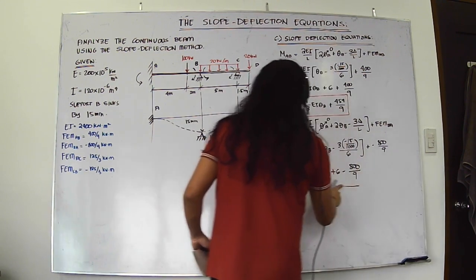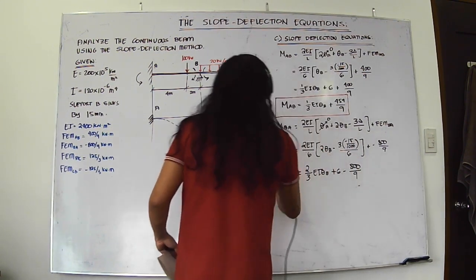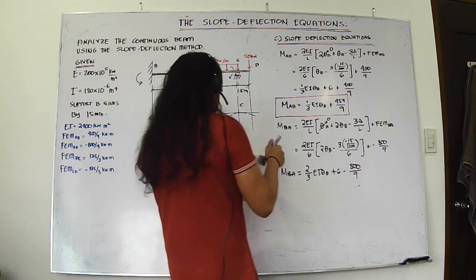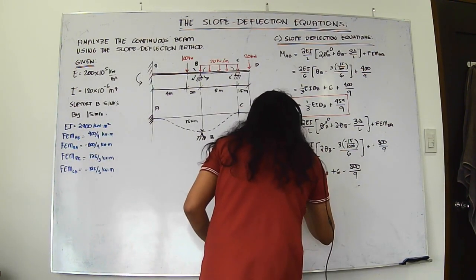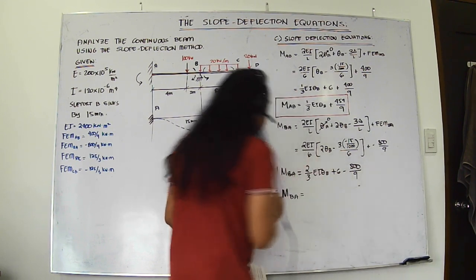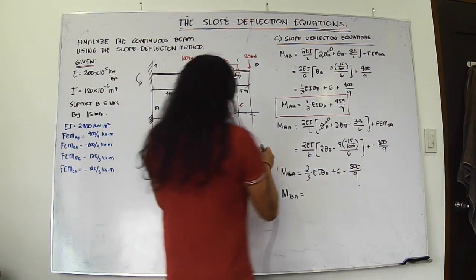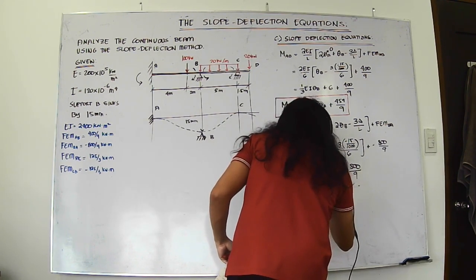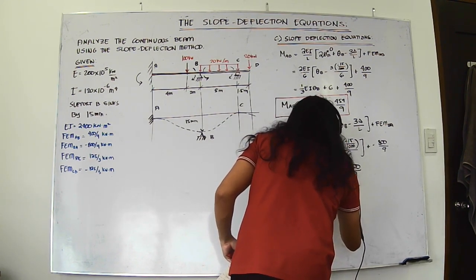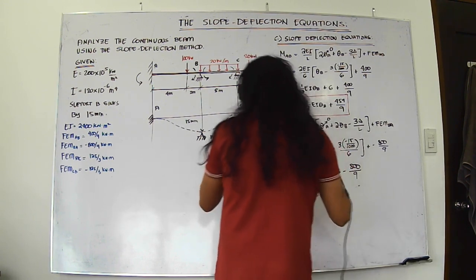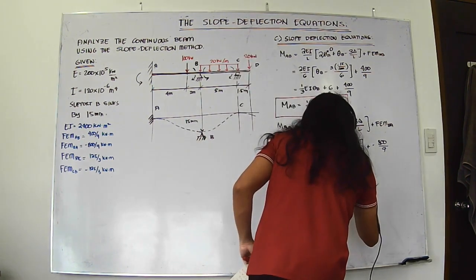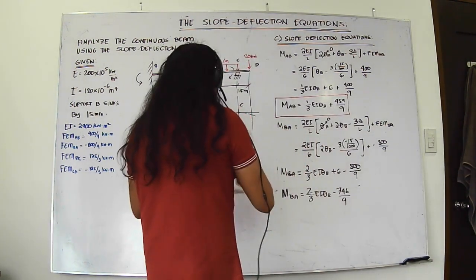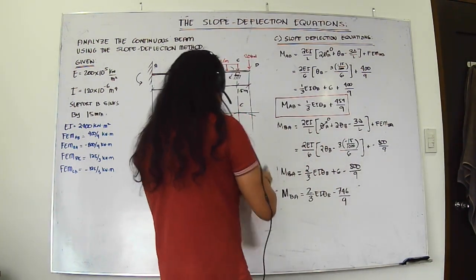Oh, not yet. Let me solve so we can get the expression for MBA. I hope you can see it. EI theta B plus minus 746 over 9. Okay, this is our MBA.